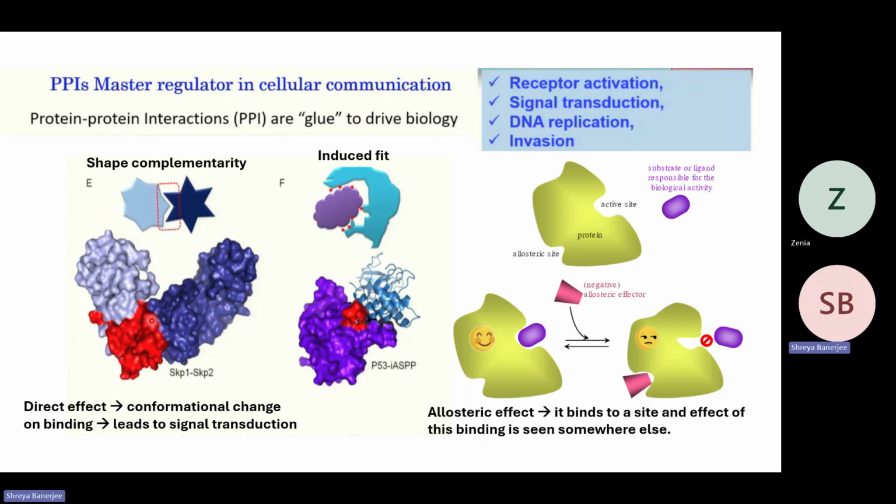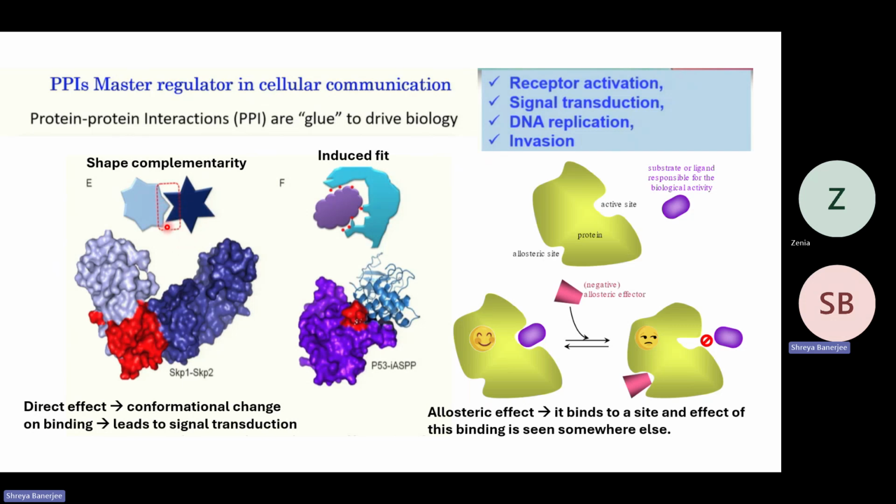Now, the basis of protein-protein interactions is shape complementarity. One protein fits into another protein when there is a complementarity in the shape. And after binding, a conformational change happens, which leads to the signal transduction. Now, there can be two models of this shape complementarity.